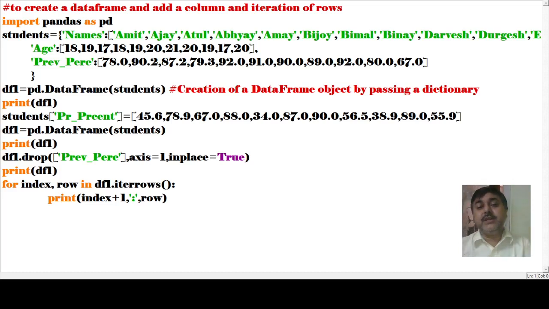So this is the pattern we have followed. In this work we have included one more column, the present percentage, and we have deleted the previous percentage, and we have run it again and again, so the for loop is implemented here.